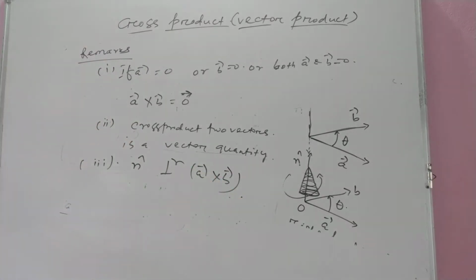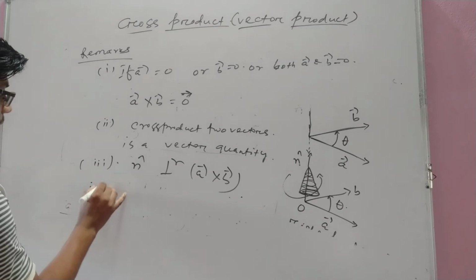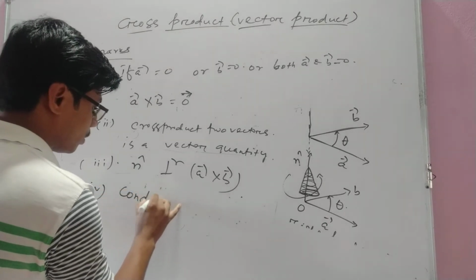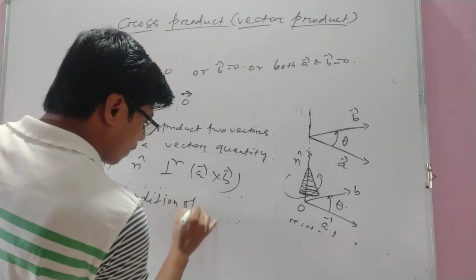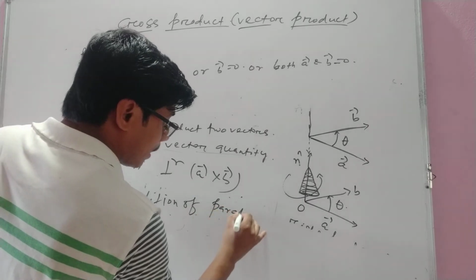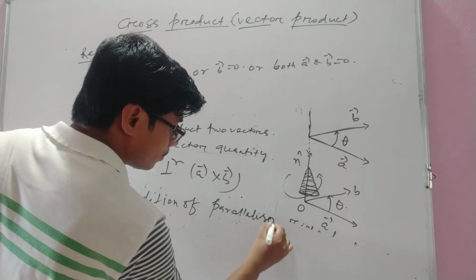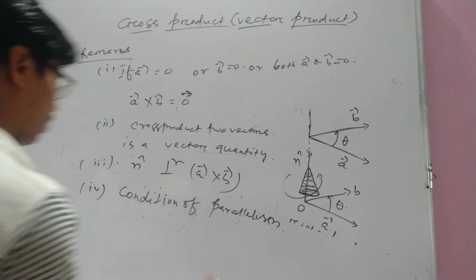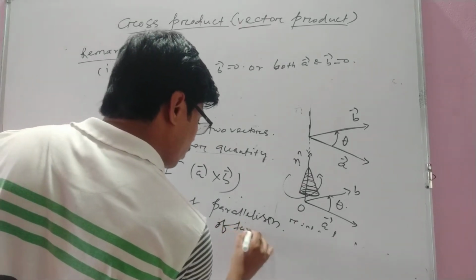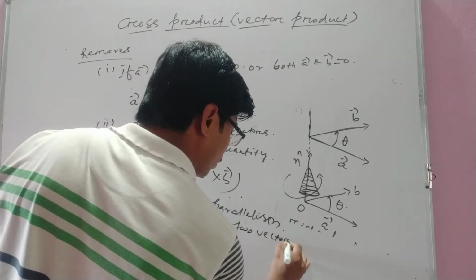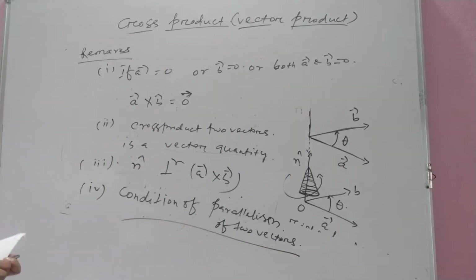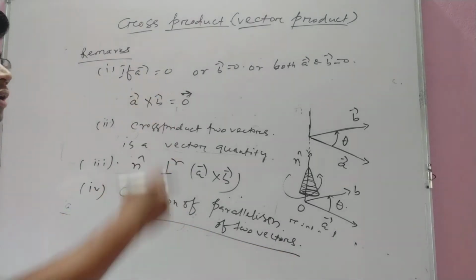Okay. Fourth, condition of parallelism of two vectors. What does it mean? What will be the condition for two vectors to be parallel?